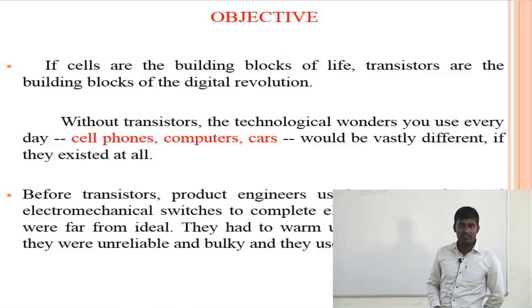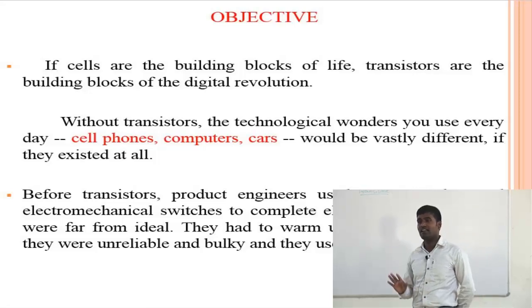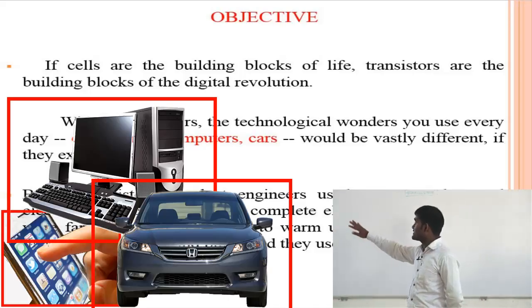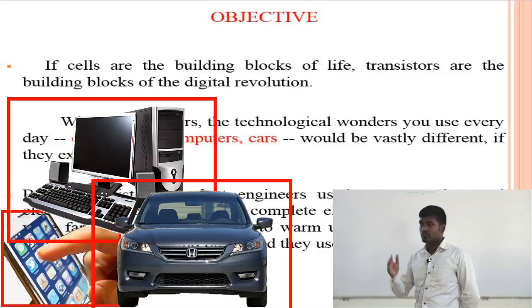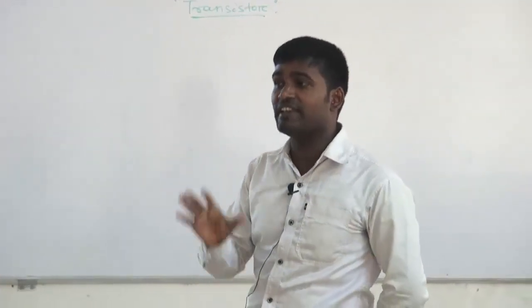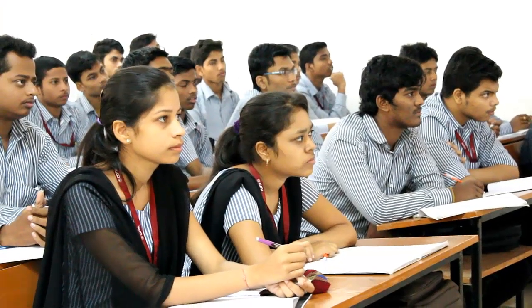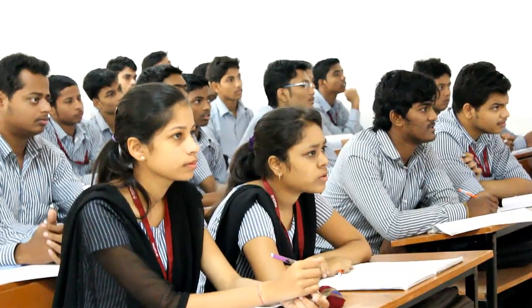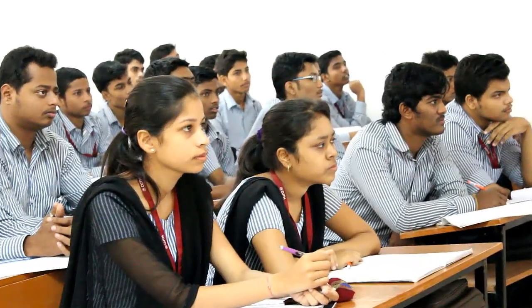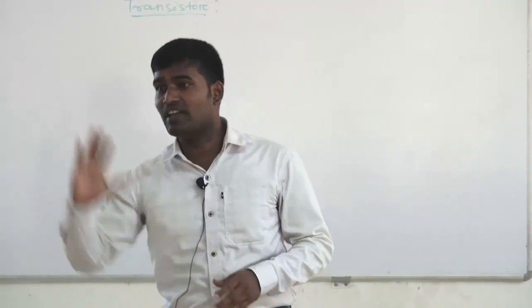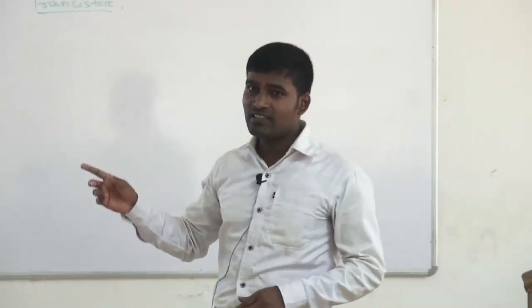In this modern digital world, transistors are used everywhere: cell phones, computers, cars. Before the transistor, only vacuum tubes and electromechanical switches were used in circuits. But the drawback is that vacuum tubes and electromechanical switches are bulky in nature. Another thing is that for a vacuum tube, heat is needed to emit the electrons. To avoid these things, we use the transistor.